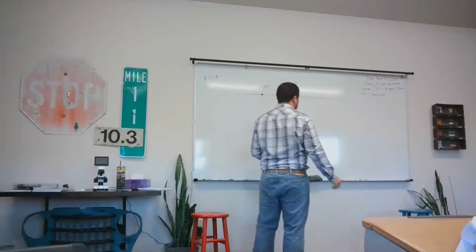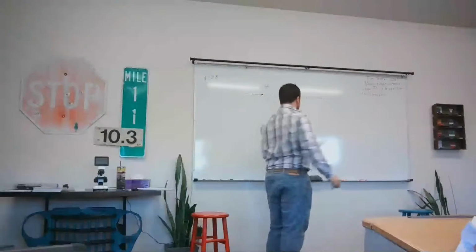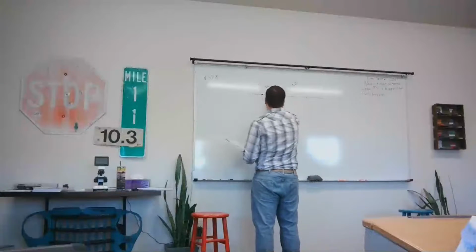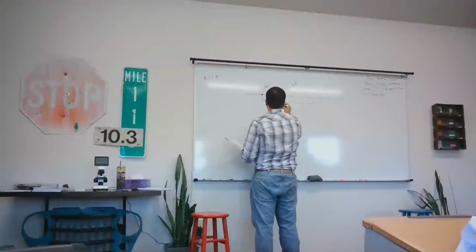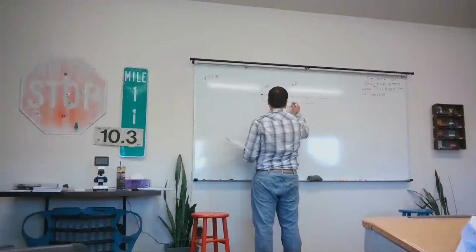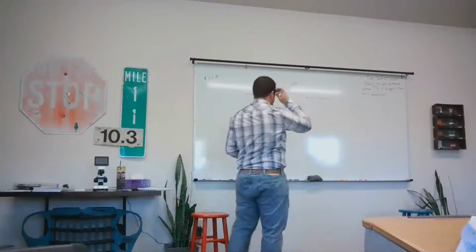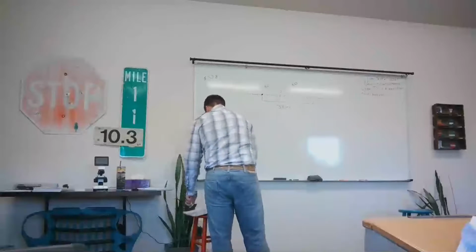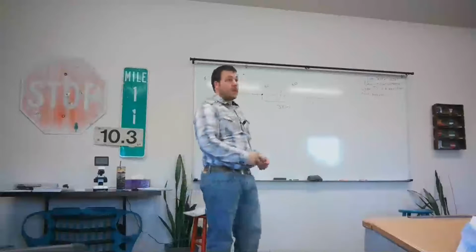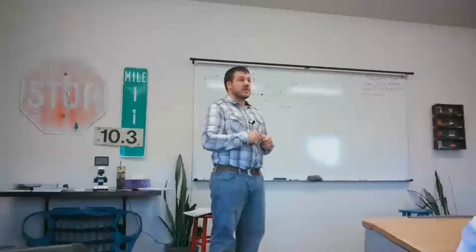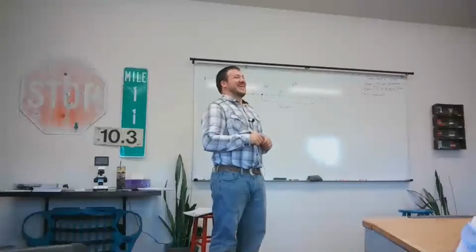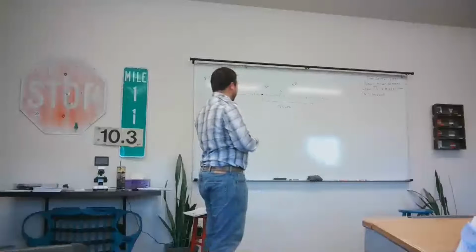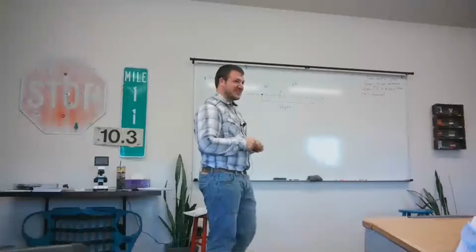He lived how long? 33 years. And we're trying to find out which year he died. 29. Use your calculator for 33 minus 4.